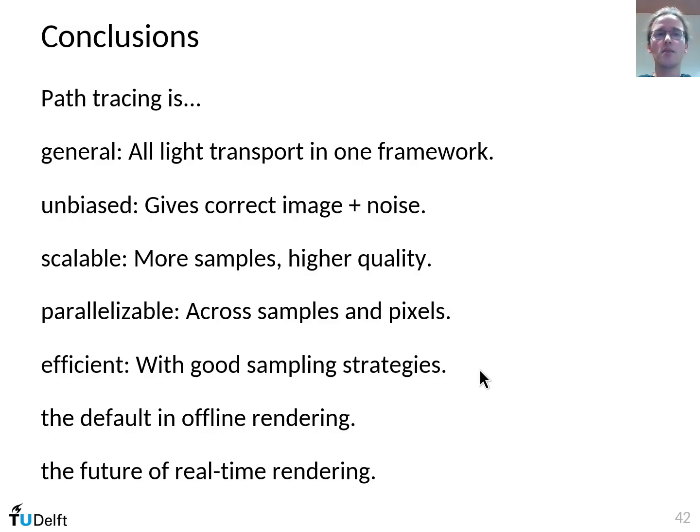It's scalable because if you want higher quality, you can simply increase the sample count. It's parallelizable across samples and across pixels. It's efficient if you put in the effort to have good sampling strategies and good denoising and good stratification. And because of all of this, it's already the default in offline rendering, and I think it's the future of real-time rendering.